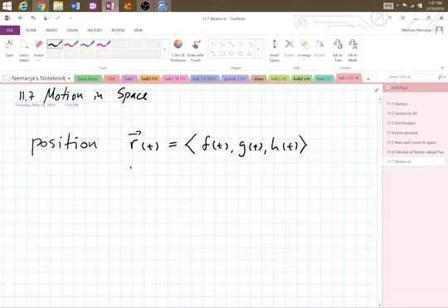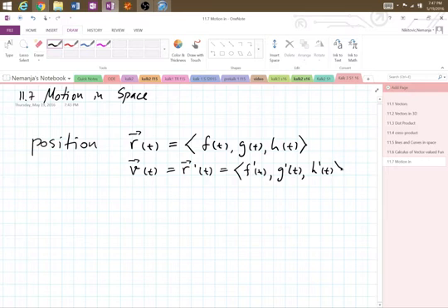Then we have the velocity of t, which is going to be the derivative of the position function, and that's going to be f prime of t, g prime of t, and h prime of t. We learned last class that we differentiate component-wise each one of these.